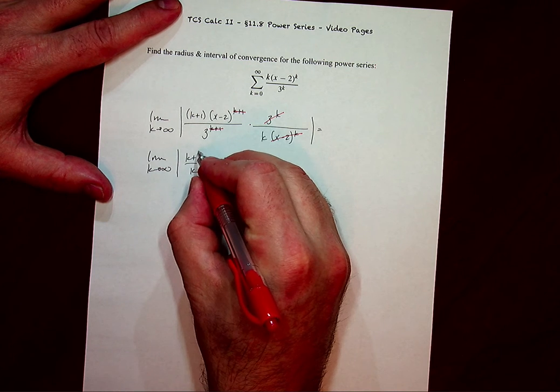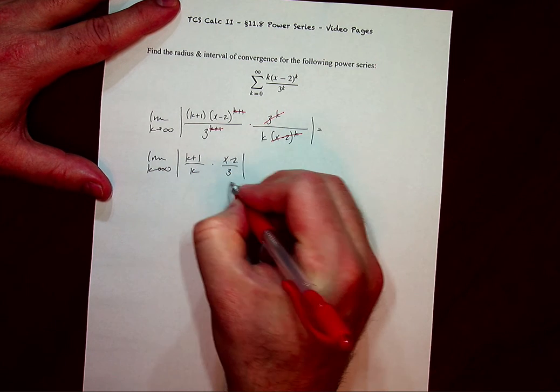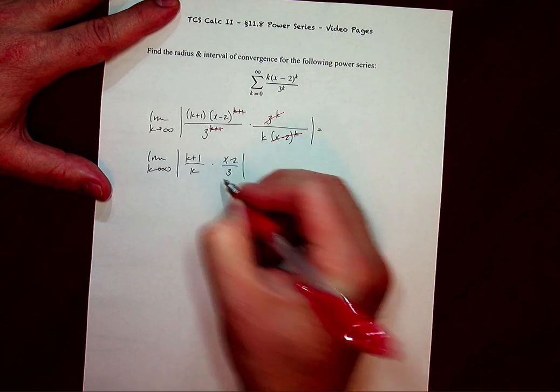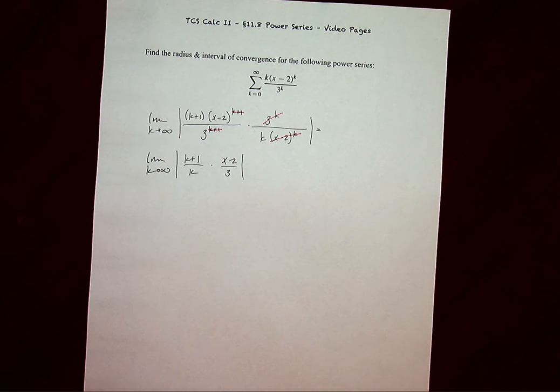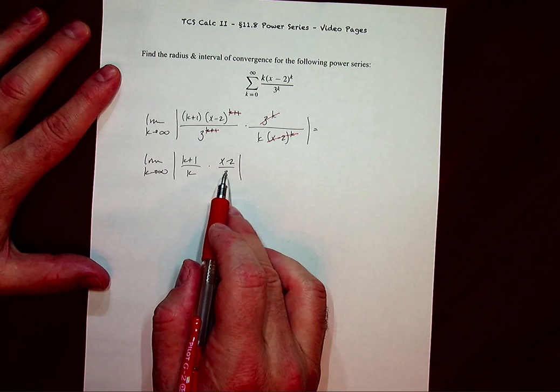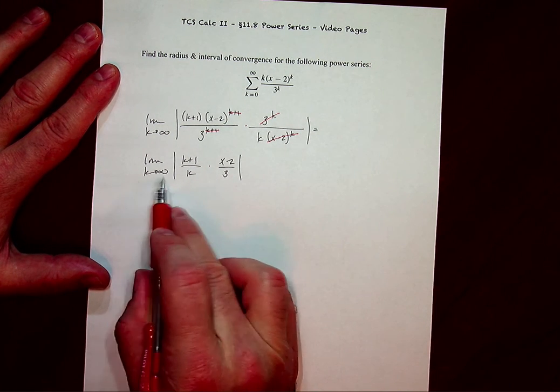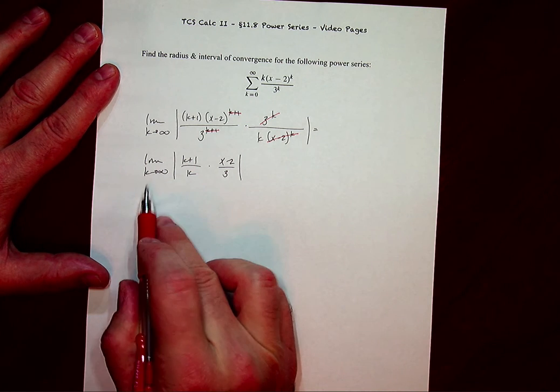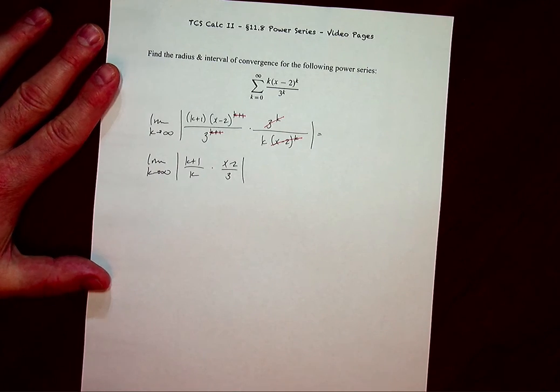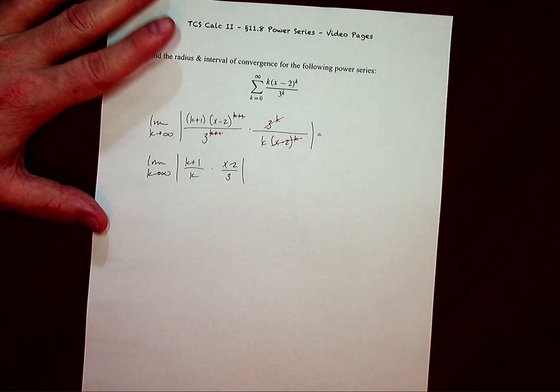So this right here, even though it has an x and is a variable expression, with respect to the limit, it's a constant because it is not entertaining the variable that the limit is entertaining. Okay, and entertaining is probably not the right word, but you get what I'm saying.